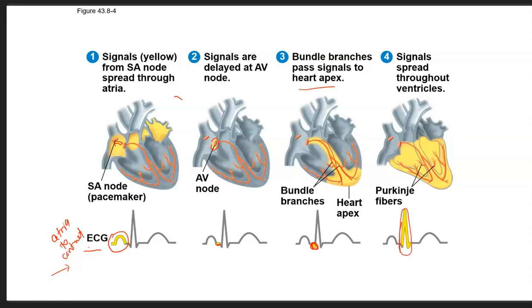That shows the contraction of the ventricle. The electrical impulse spreads through the Purkinje fibers, causing the ventricle to contract. So you have to know this ECG graph, what happens at the P wave, at the QRS complex, and also at the T wave.